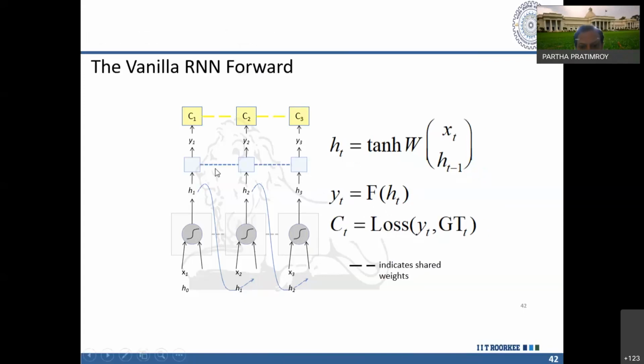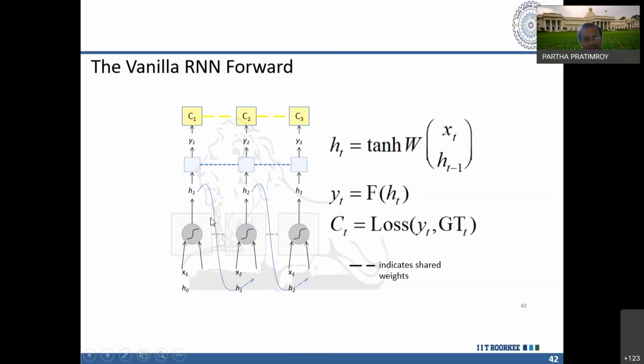Now, once we understand this, here we have the loss functions. Whatever functions we are using from h1 to y1, and whatever functions we use from x1 and h0 to h1, this weight matrix and everything are all the same.